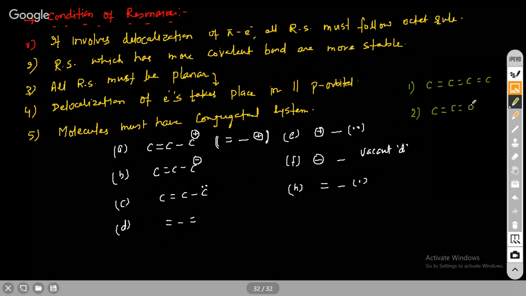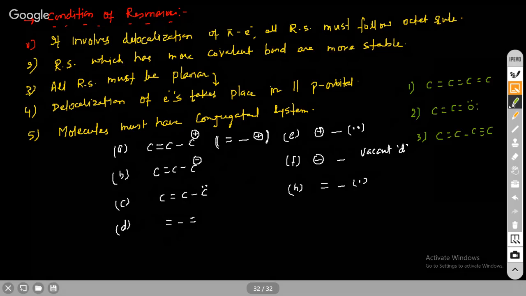Double bond O with lone pair on it. Is this a conjugated system? C double bond C, single bond C and triple bond C. Is this a conjugated system or not?